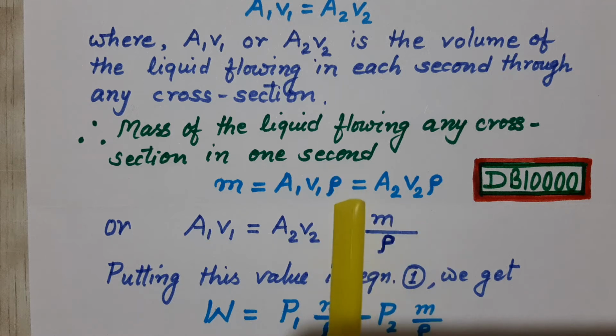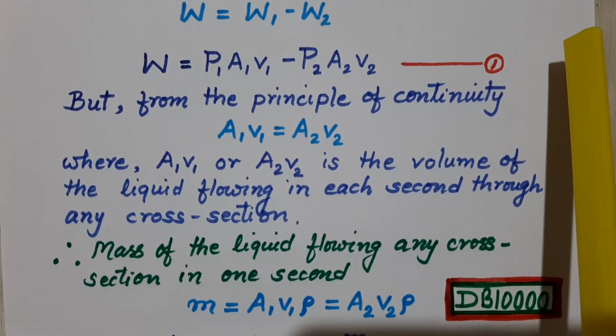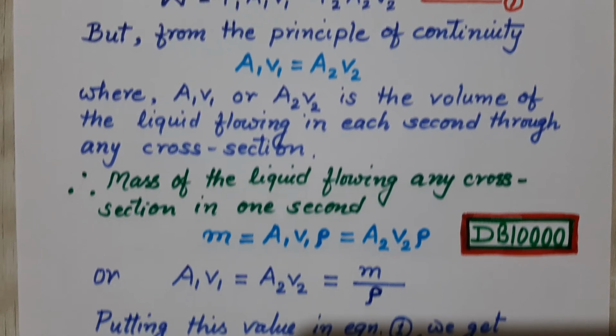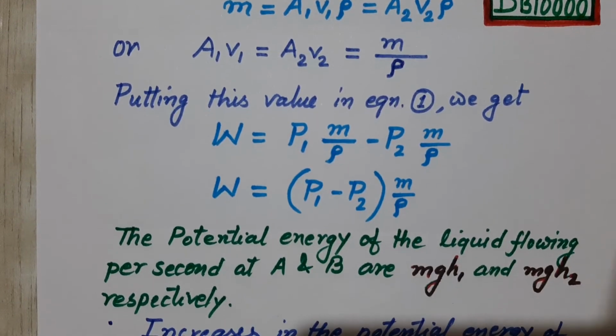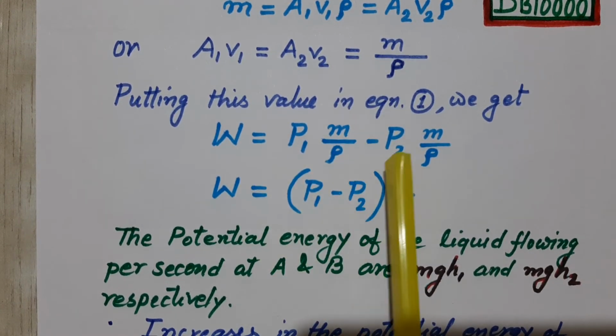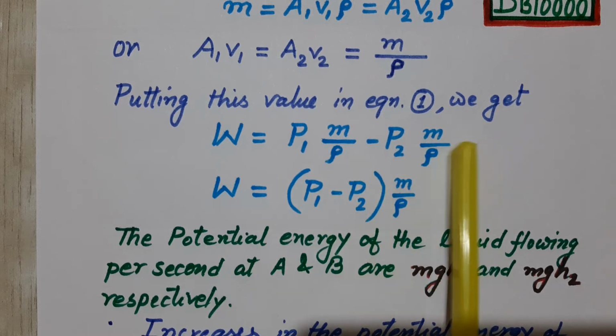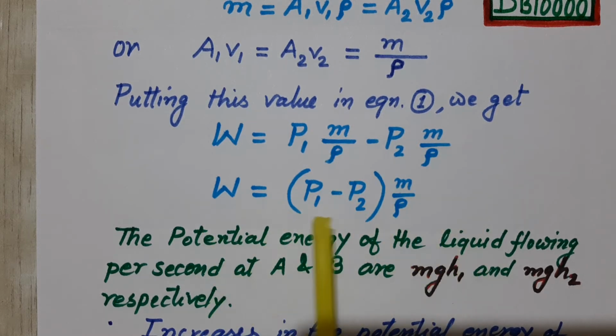Now by this divide by rho, then A1 into V1 equal to A2 into V2 equal to m upon rho. Now putting this value in this equation 1, W equal to P1 into m upon rho minus P2 into m upon rho. M upon rho is common, then W equal to P1 minus P2 into m upon rho.